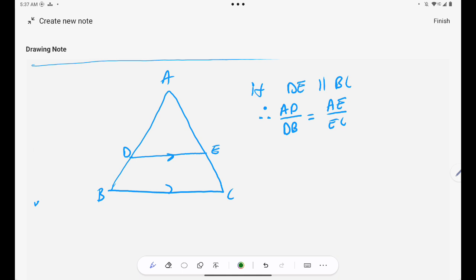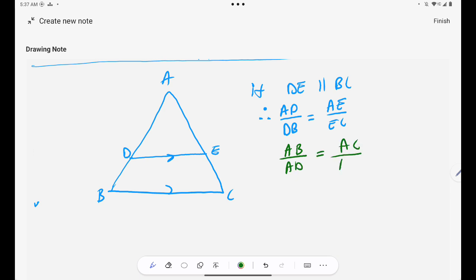Another way this ratio can be written, you can simply say AB all over AD is equal to AC all over AE. Or you can write DB over AB is equal to EC over AC. Are we together?